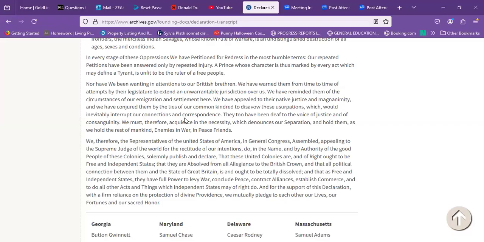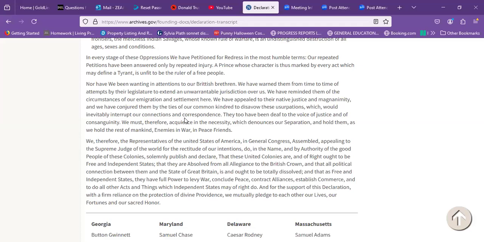So this is stating a reliance on God as a way of demonstrating to the audience the ethical foundation that the founders are basing their argument on.